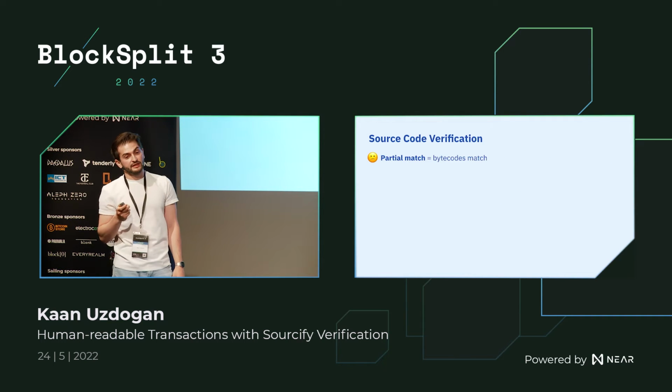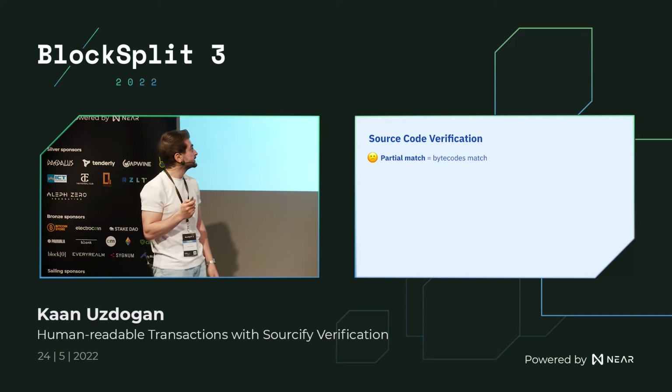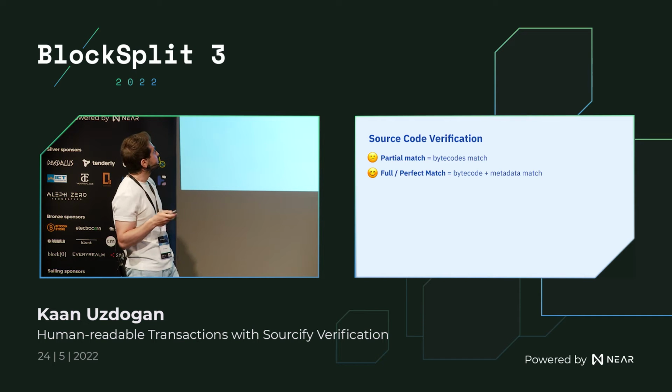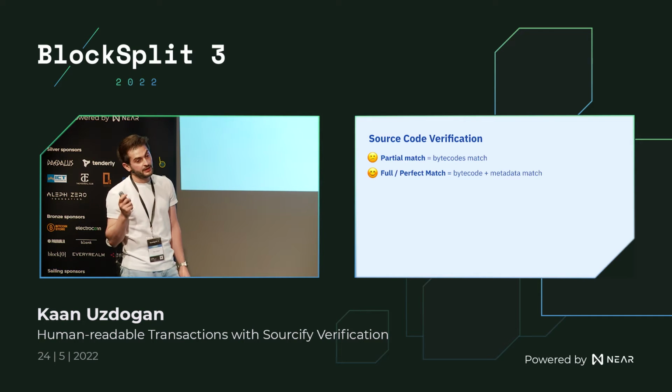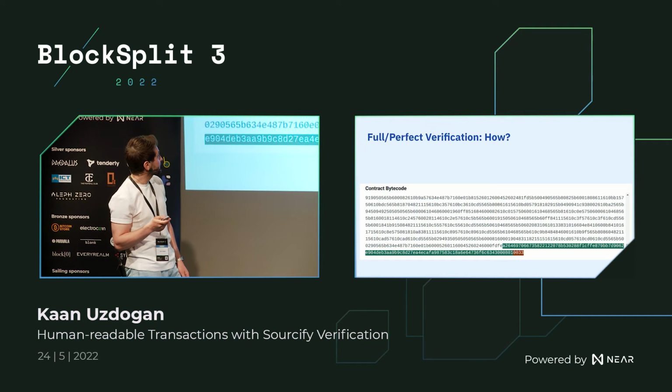And in Sourcify, we define two types of matches. One is the partial match, where the bytecodes match. And the second type that is different in our case is the full or perfect match, where the bytecodes plus the metadata of the contracts match.